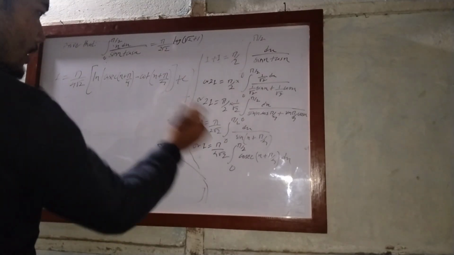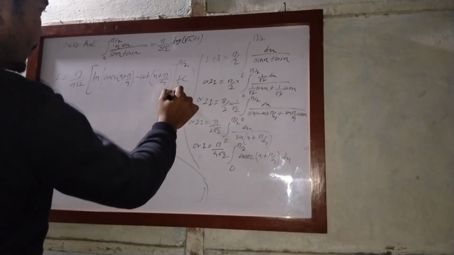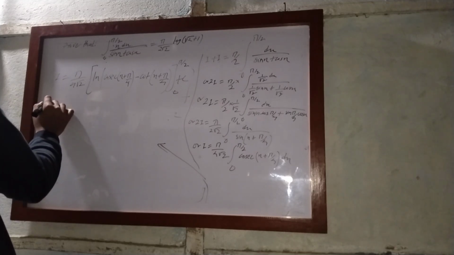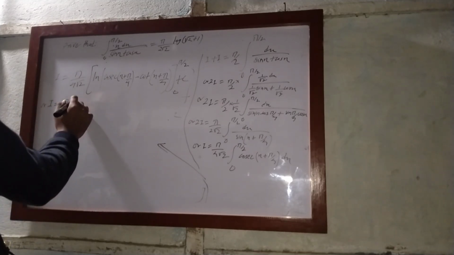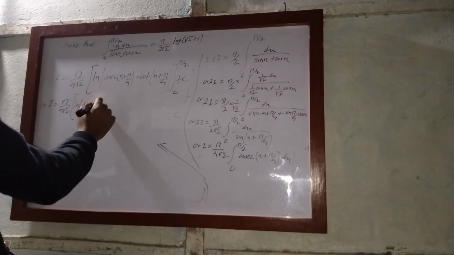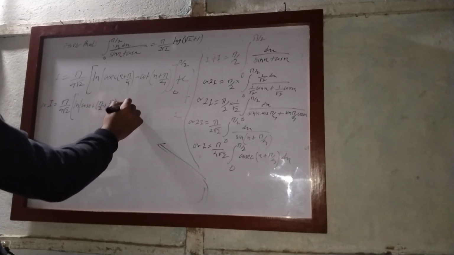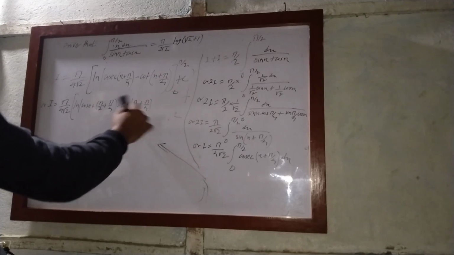And we have the upper limit pi by 2 and lower limit 0. Now our I is equal to pi by 4 root 2 ln cosec x, means pi by 2 plus pi by 4, minus cot of pi by 2 plus pi by 4.